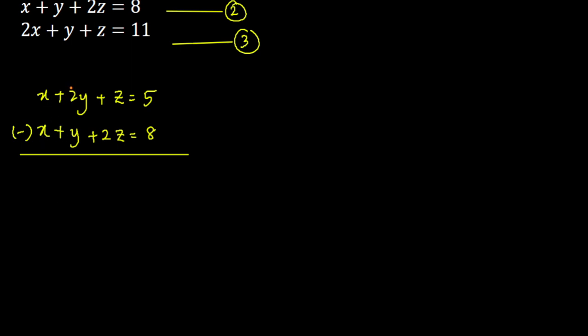Okay, 2y minus y, here is y, right? z minus 2z, what is that? z minus 2z is negative 1z, right? So I will write here negative z. Normally 1 we don't write, right? 5 minus 8 is negative 3. Okay, leave it first. Maybe you can label that as your equation number 4.